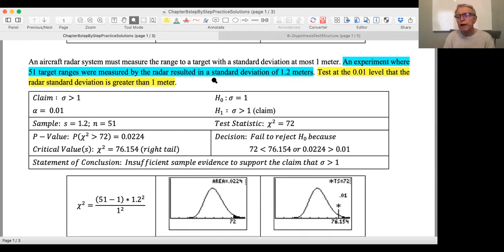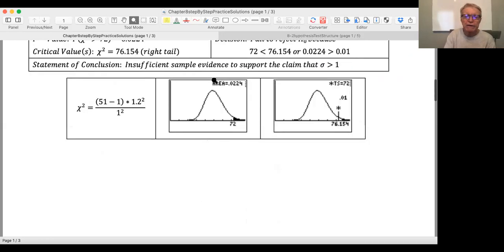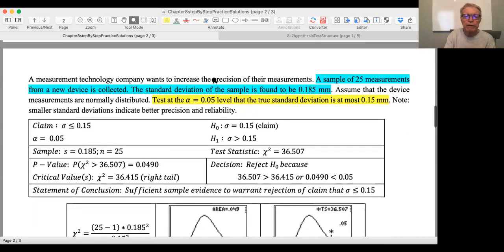But the words might include something like varies or variance or something along those lines about variation. Those words will imply that the parameter is standard deviation, okay? So you need to remember that. I forgot to mention that when I went through here.